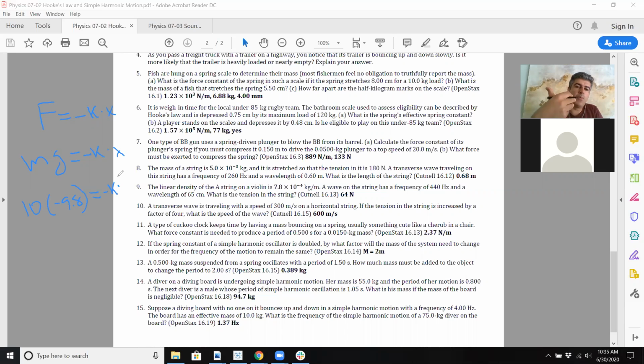But remember, gravity is in meters per second squared, the acceleration due to gravity. So how will they have to change 8 centimeters? To meters. And what will that be? 0.08. Thank you so much.